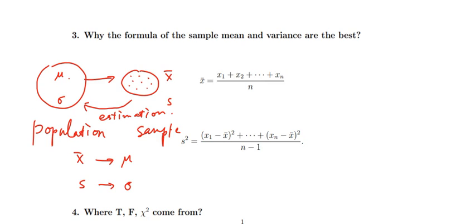So just the average, right? And for the sample standard deviation or sample variance, we use this formula: x1 minus x bar squared plus ... xn minus x bar squared, then divided by n minus 1. So we have those formulas.